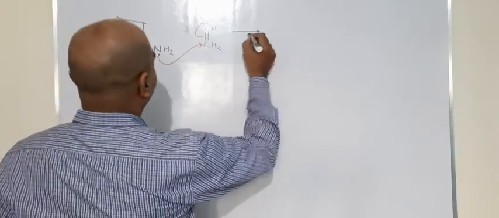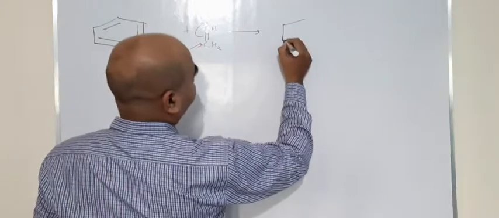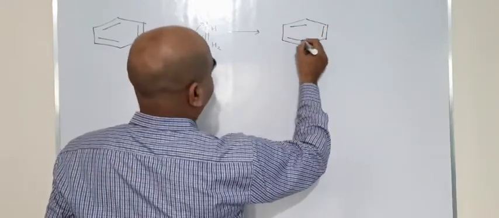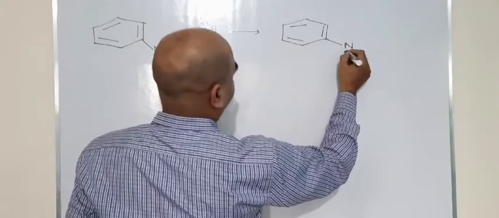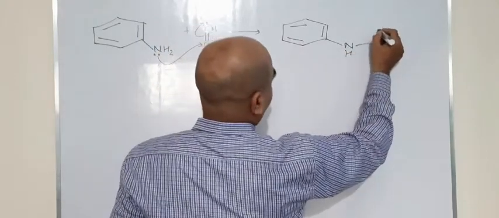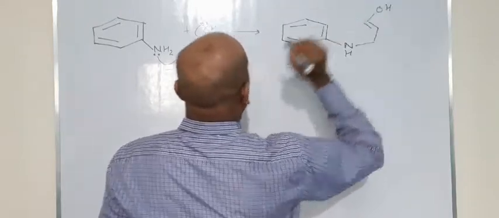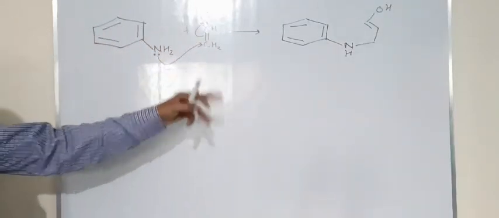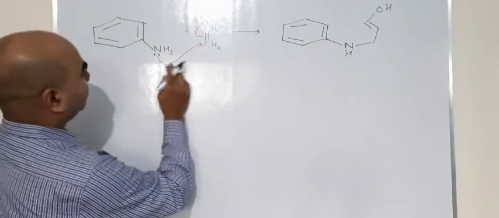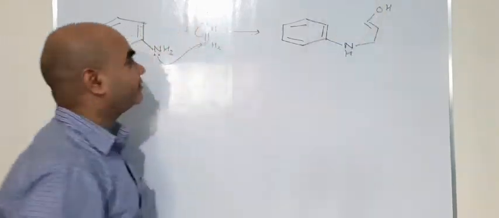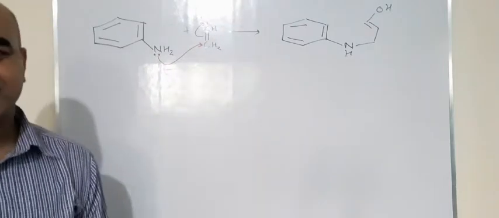So this will lead to the formation of an intermediate. One proton will be removed from this NH2 and taken up by this minus charge.